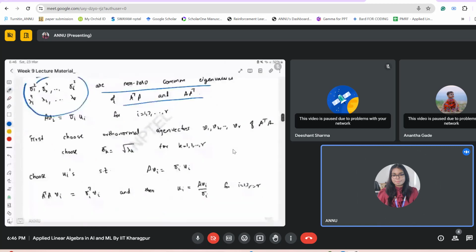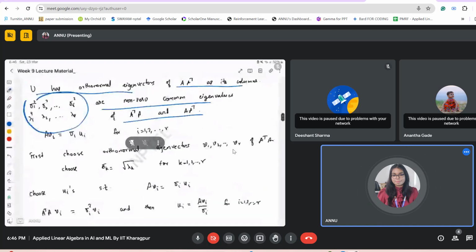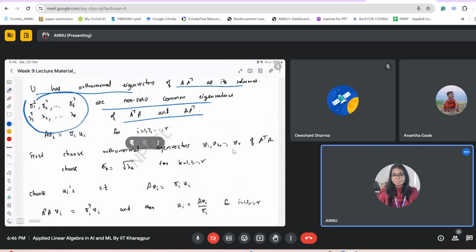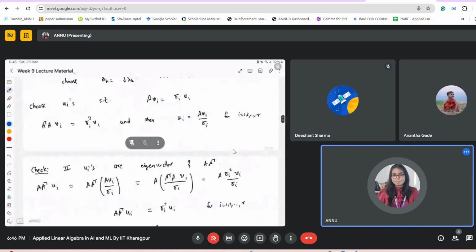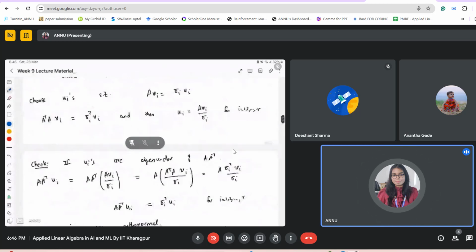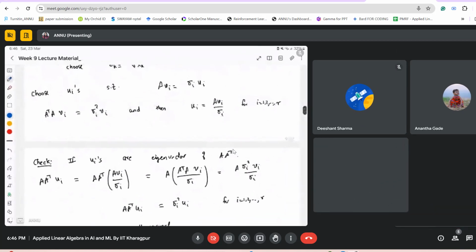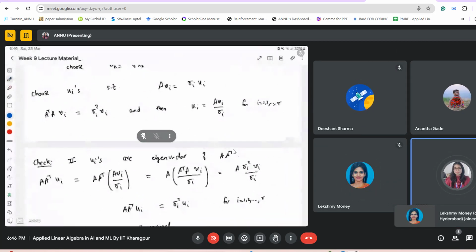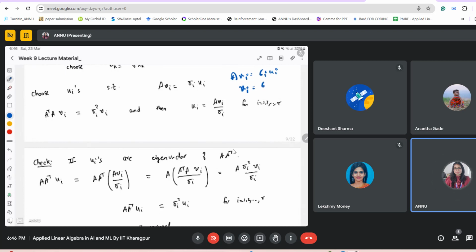Okay, so U has the orthonormal eigenvectors of A A transpose as its columns, and V has the orthonormal eigenvectors of A transpose A. I hope this is clear. So how to calculate it further? If you are given a matrix A, you can calculate firstly V, then U, because anyway we have A Vi equals sigma i Ui.